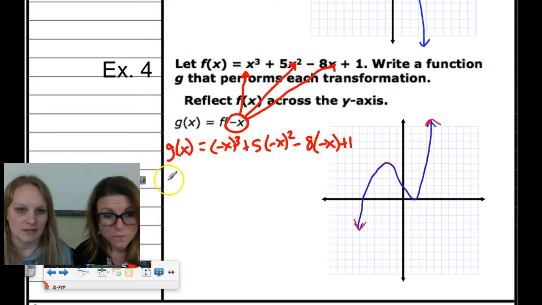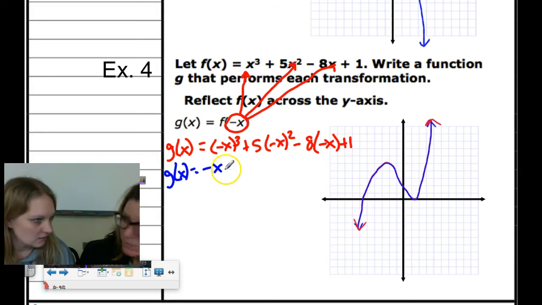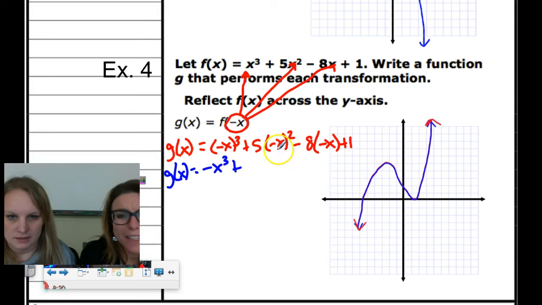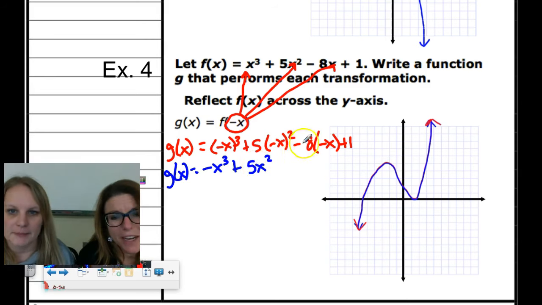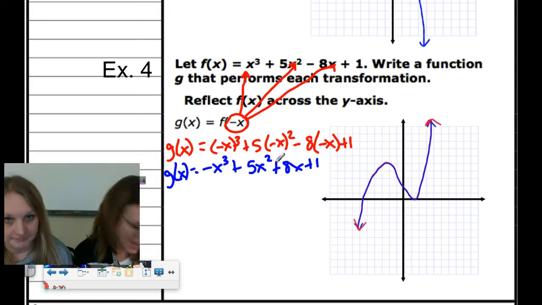G of x equals, well, a negative times itself 3 times would leave me with a negative x cubed. Plus 5x squared, because that will just change to positive. And then a negative 8 times a negative x makes a positive 8x, plus 1. And that should be our answer.